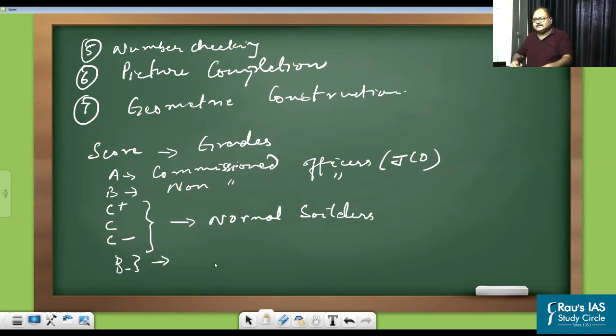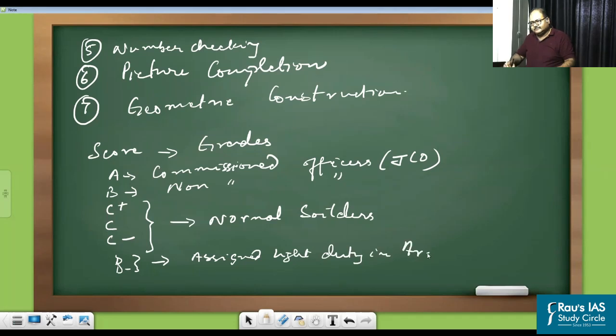D and D minus were assigned light duty in army with close supervision. And people who received grade E were taken as misfit and rejected.